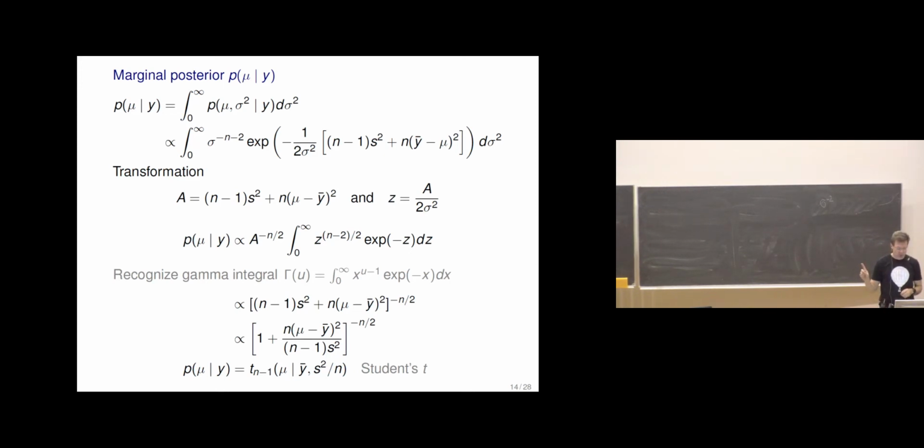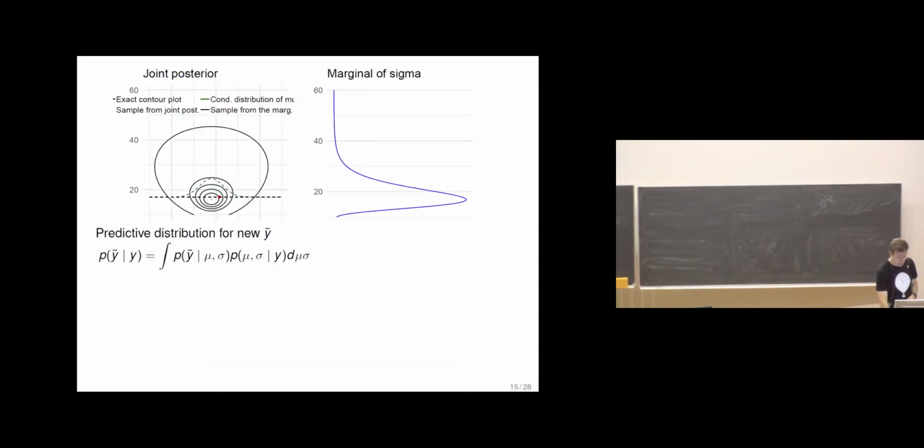So now I go back to these marginals. We got this marginal for mu, and then we can also look at this predictive distribution. Here we have already factorized this predictive distribution.